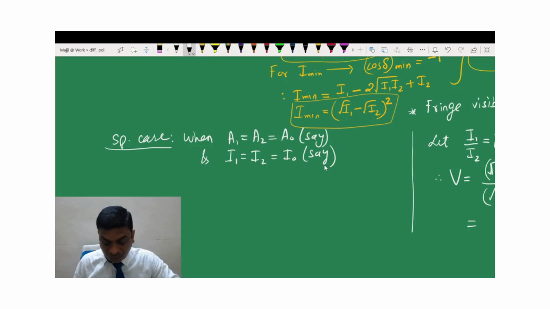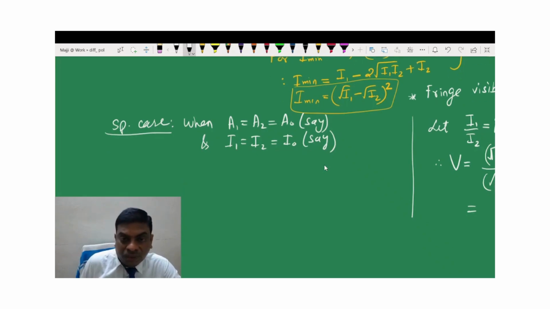Students, try to understand: if they have not specifically mentioned anywhere regarding the amplitudes or intensities, you have to assume them to be this case only. So instead of special case, it's better to write it as a general case. Unless otherwise specified, we have to assume this condition only.